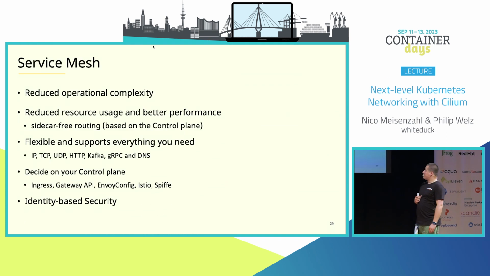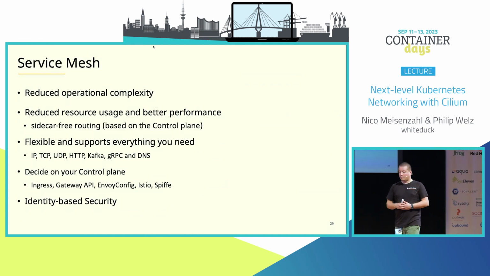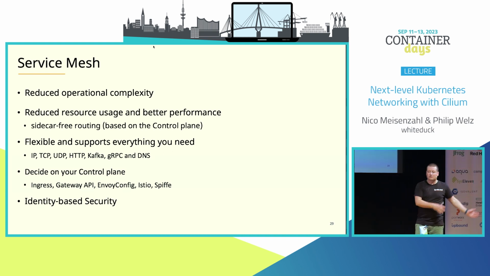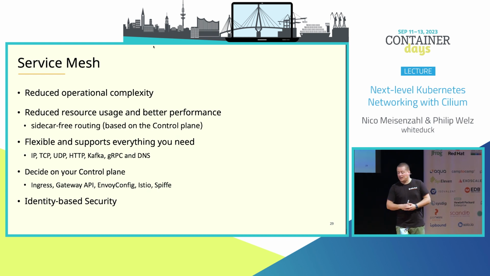So with this, you basically have reduced complexity because you don't need specific tools. You just have one tool. You don't need an Ingress controller or something in place. So it's basically everything within Cilium. As I said, sidecar-free routing, at least based on a control plane. If you go with Istio as a control plane, of course, this currently still relies on sidecars.